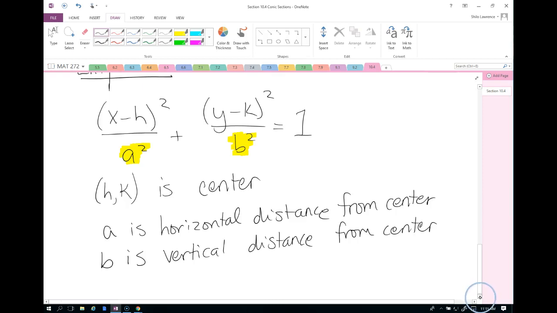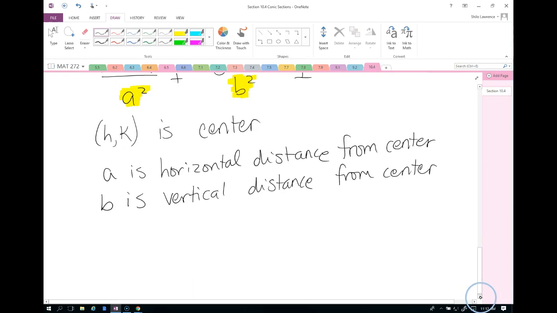Depending on which one is larger, the a or the b, one of these is going to be called our major axis and one's going to be called the minor axis. So let's just suppose that a is greater than b.